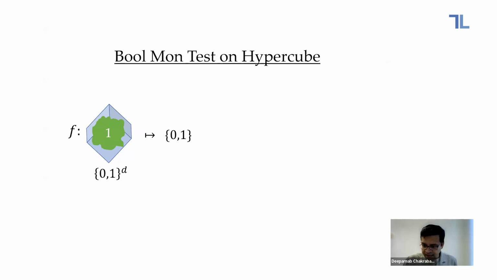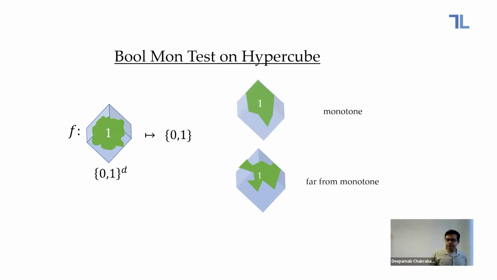A monotone function corresponds to a downward closed set system. So if a point is in the set system, then its subsets are also in the set system. So it's a picture like this. And a function far from monotone, which means I have to change the function in at least epsilon points to make it monotone, means I have to take the set system and either add sets or delete sets, and a lot of them, like epsilon times 2 to the d of them, have to move around to make it monotone.